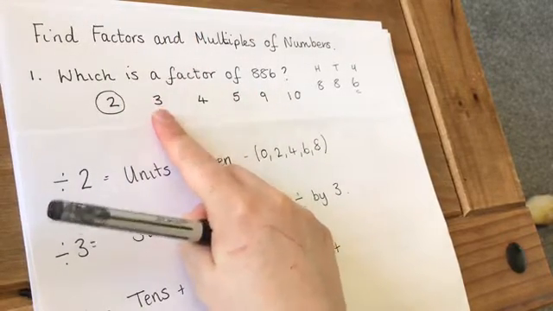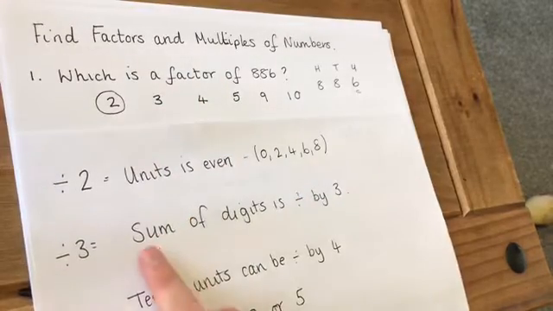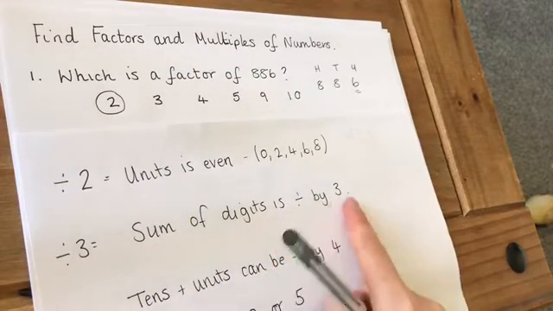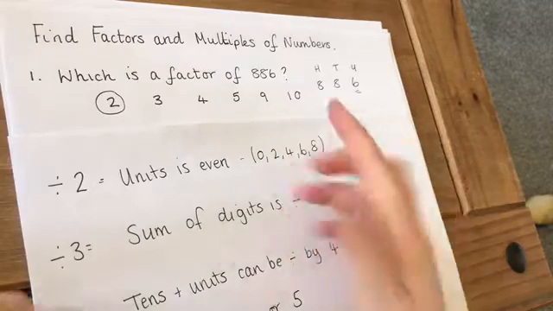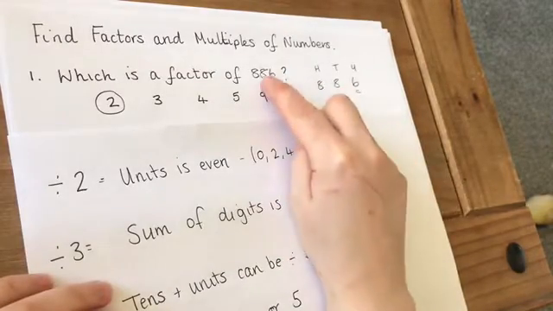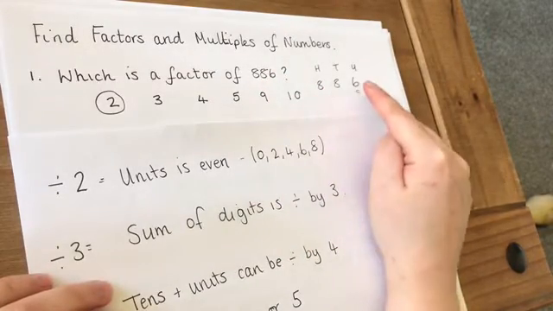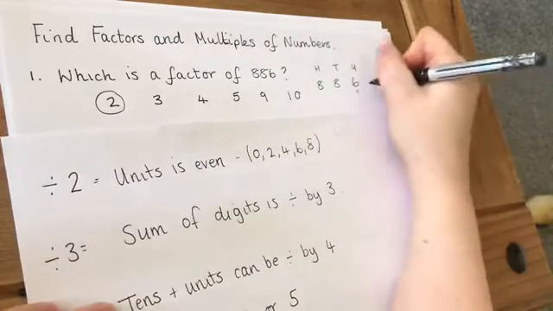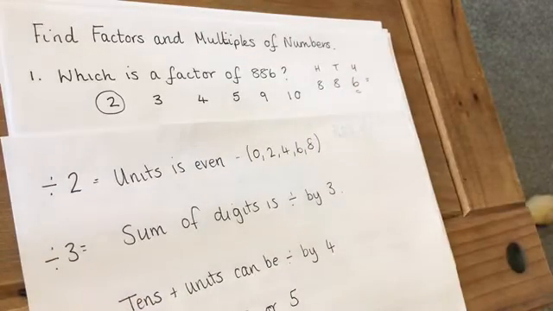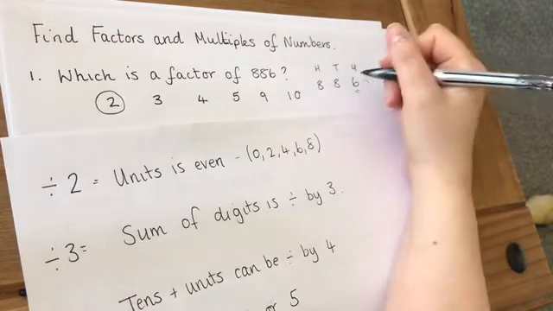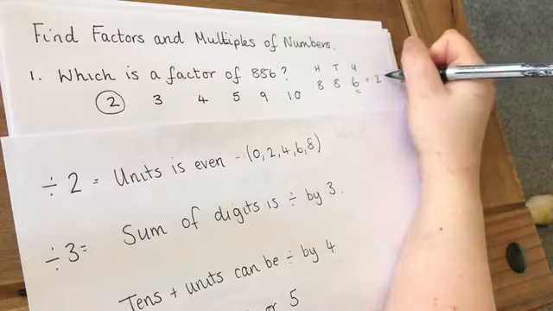Is 3 a factor? Now for 3 we need to think the sum of the digits is divisible by 3. So by the sum of the digits I mean you add up all the digits in the number. So 8 plus 8 plus 6, which gives us 22.